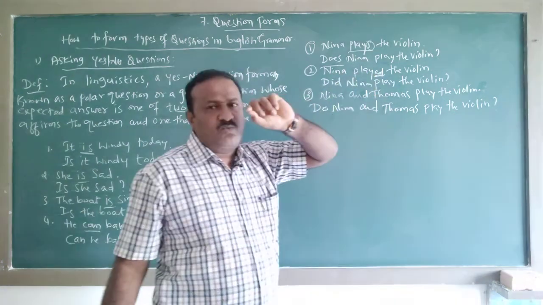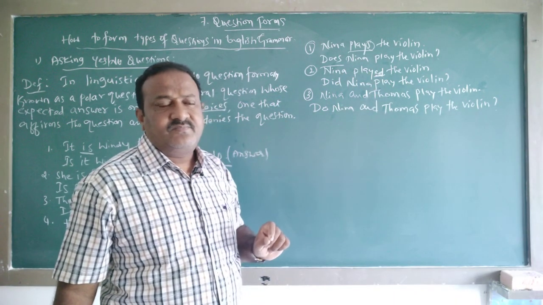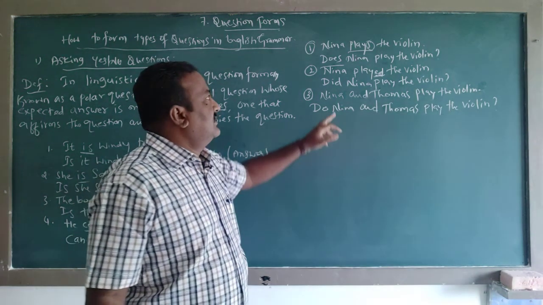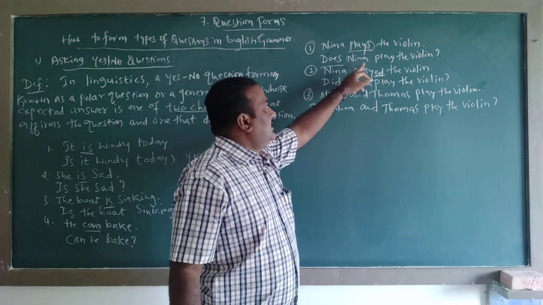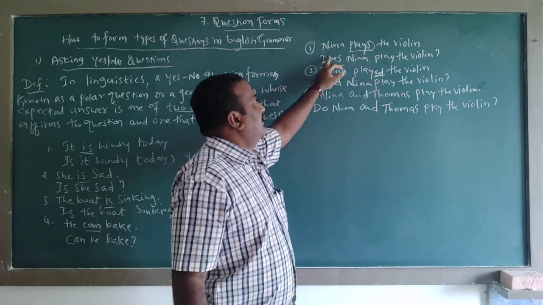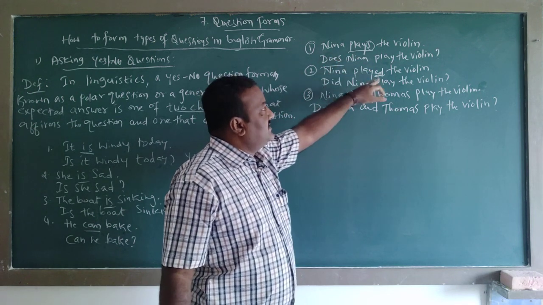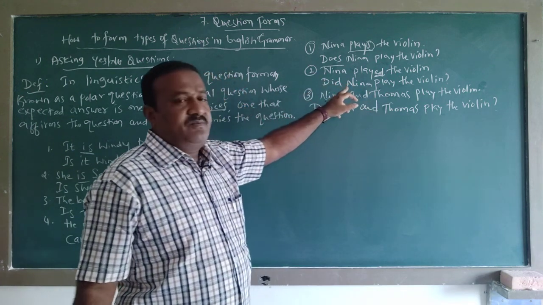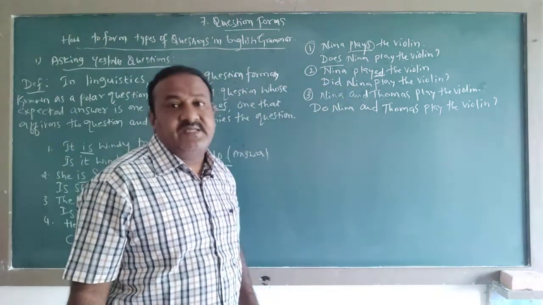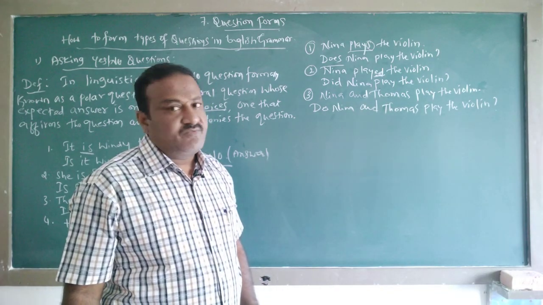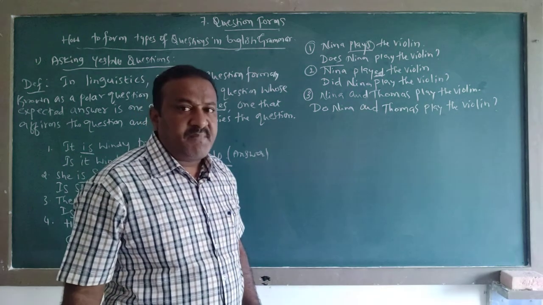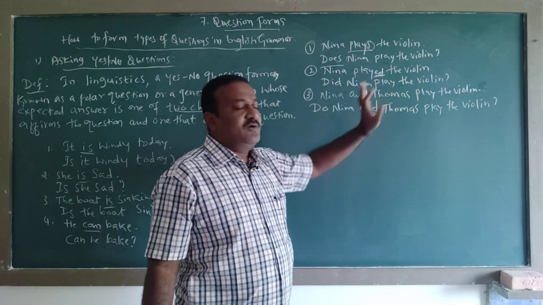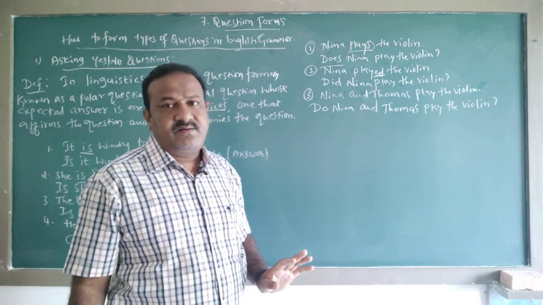Be careful, even a small one-letter difference, and the sentence will be a mistake. Naina plays the violin. Naina played, P-L-A-Y-E-D. So the verb is in the past. So, did Naina play the violin?